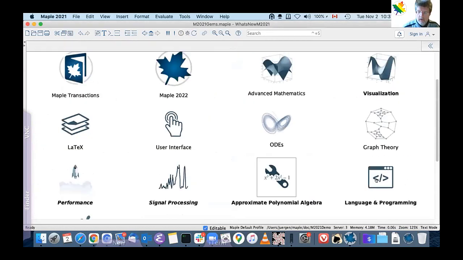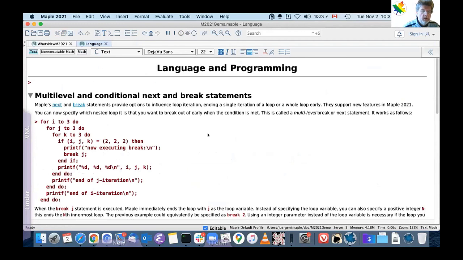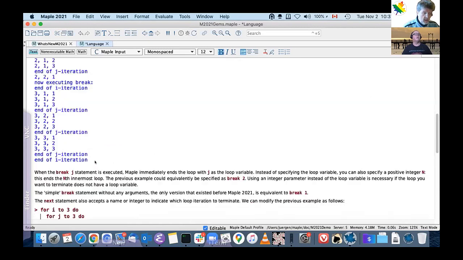Okay, and one last thing I want to show here is about language and programming. So we now have multi-level conditional next and break statements in Maple. So here's an example. I can say I want to break the second, not the innermost loop, which is a standard break, but I can break the loop before that and execute that.